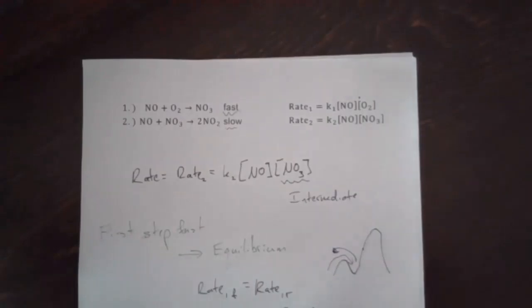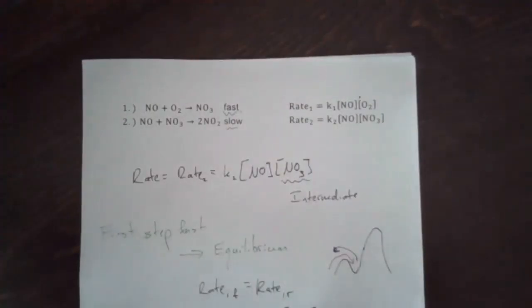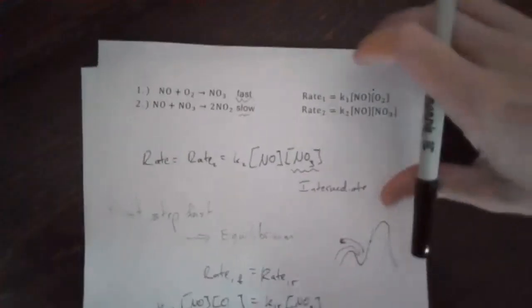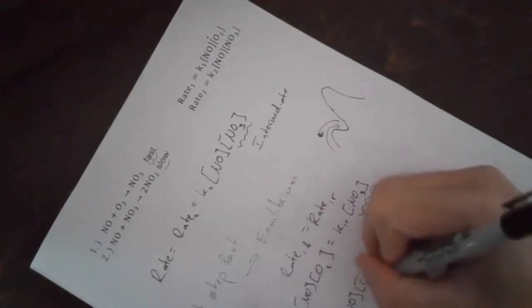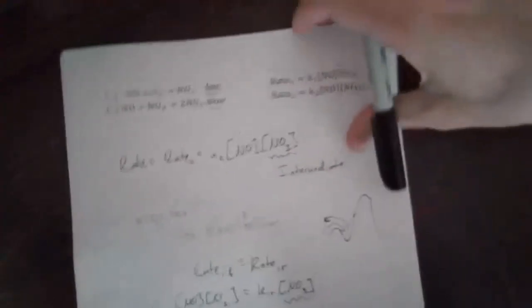And the whole point of doing this is that we have established an algebraic relationship in which the concentration of NO3 shows up. So we can rearrange this equation, and we get k1F divided by k1R times the concentration of NO times the concentration of O2 is equal to the concentration of NO3.